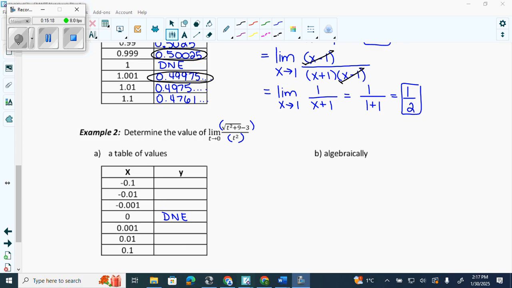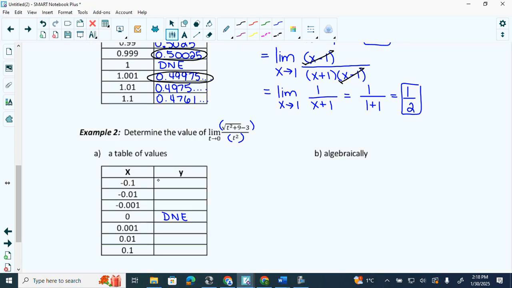So I'm going to type in negative 0.1, and I'm going to get 0.1666, blah, blah, blah. Then negative 0.01, I get negative 0.16666, and then negative 0.001, 0.16666.